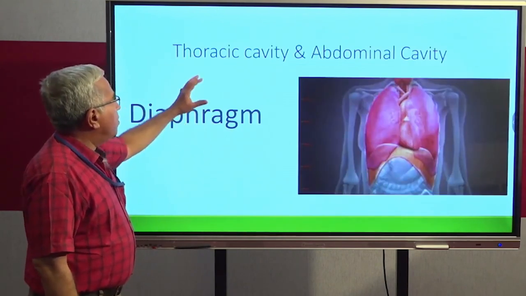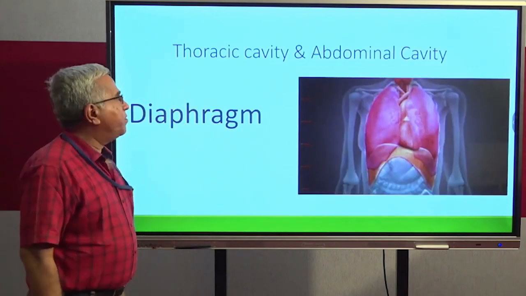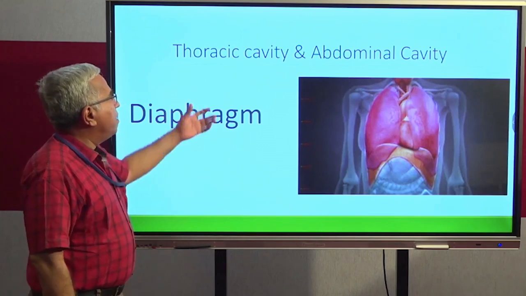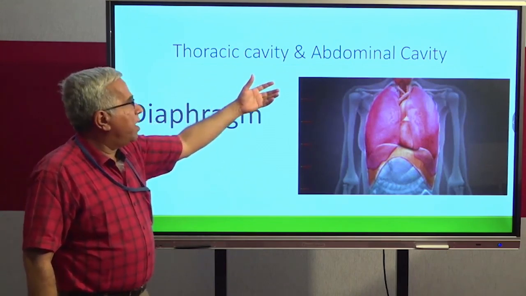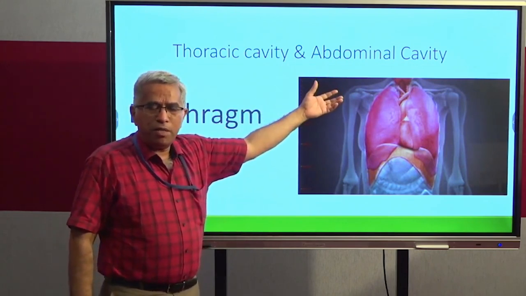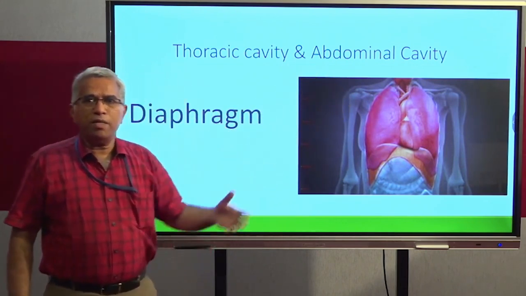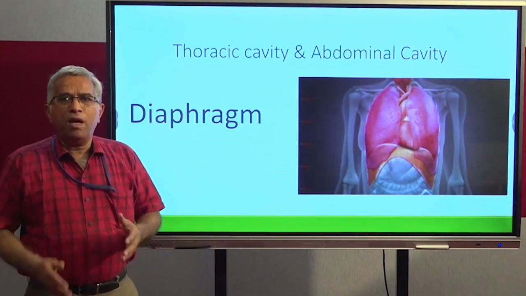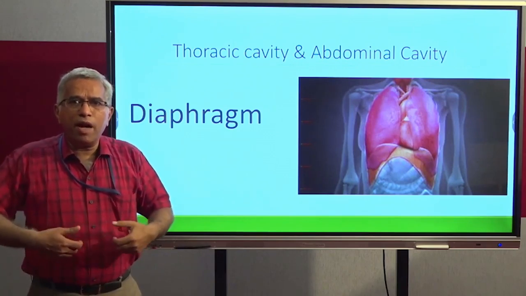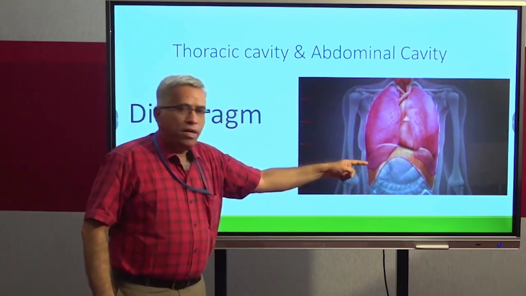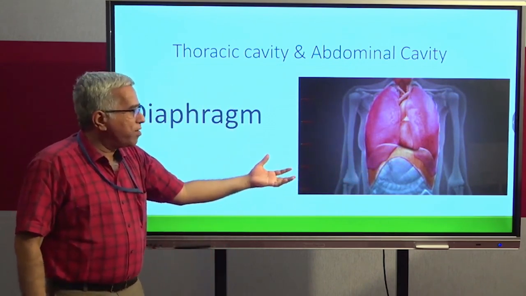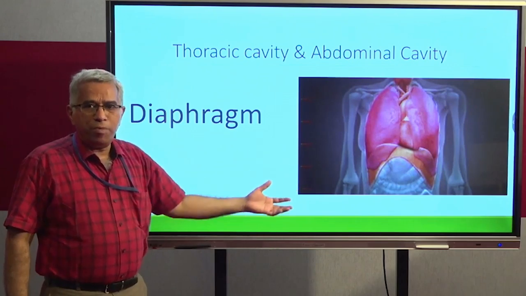Okay, now one more aspect of mammals is the thoracic cavity. Thoracic cavity is nothing but the chest cavity, and the abdominal cavity is nothing but the stomach cavity. These 2 cavities are separated by one structure called the diaphragm, which is dome shaped. You can see that diaphragm here, that is dome shaped, and this becomes flattened during the breathing movements.